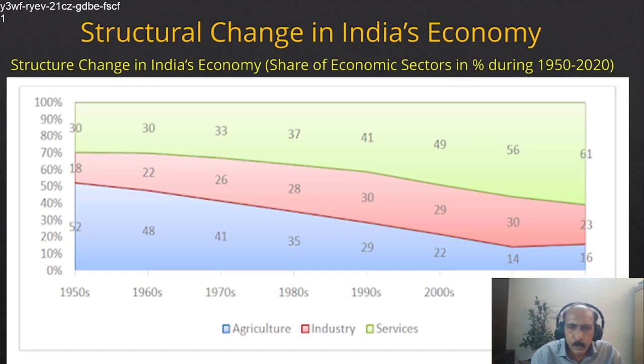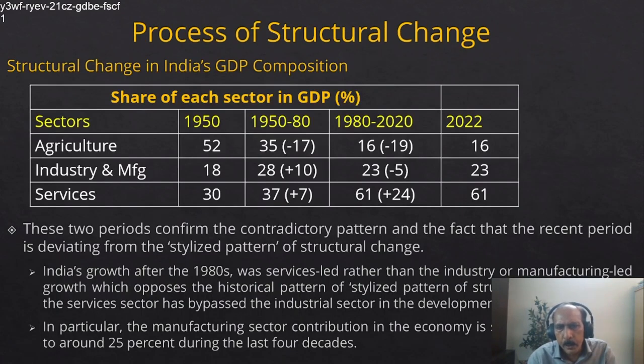But when we break up this period into two periods, we find that in 1950, the share of agriculture in GDP was 52%, while industry and manufacturing had an 18% share and services had a 30% share in the GDP.